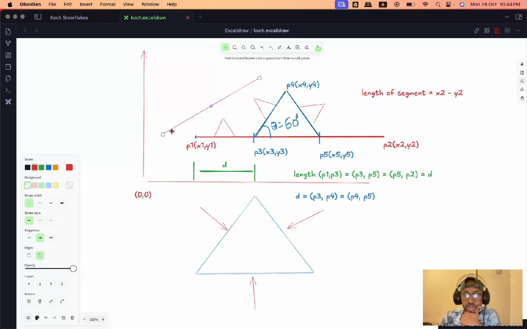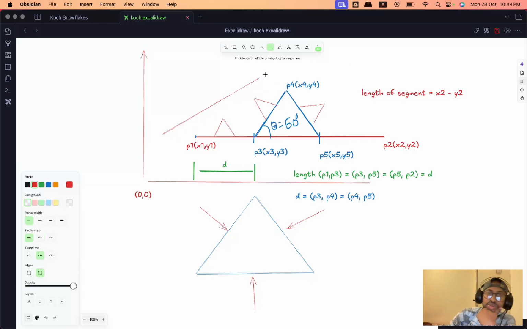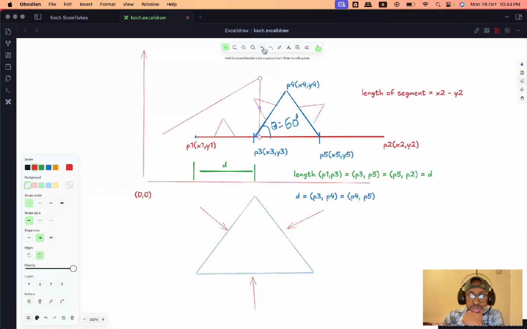Then to find the length of this segment, we basically use the Pythagorean theorem. We need to find the height and this length, and given this angle we could find the length of this one, but we don't need the angle to find the distance. We can use the Pythagorean theorem.